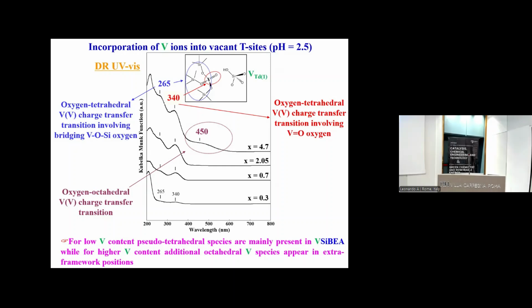The first one is related to the oxygen to tetrahedral vanadium charge transfer transition involving bridging V-O-Si, and the second one is related to the oxygen to tetrahedral vanadium charge transfer transition involving the terminal oxygen.